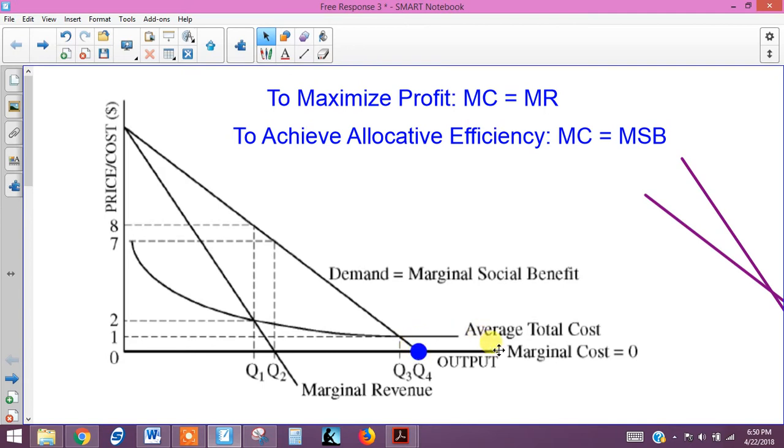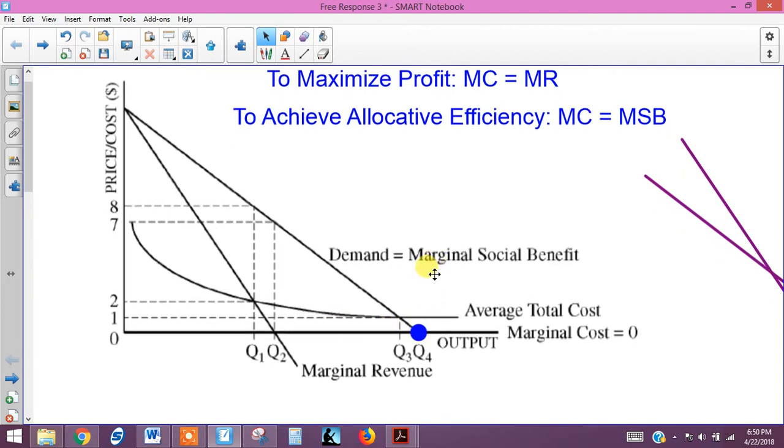Because once again, marginal cost is zero, and if this market was set up to achieve allocative efficiency, or the socially optimum level, it's going to be where marginal cost equals marginal social demand, and that's going to be at an output of Q4 and a price of 0.